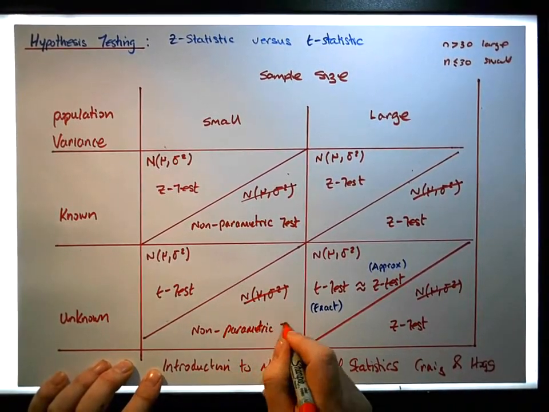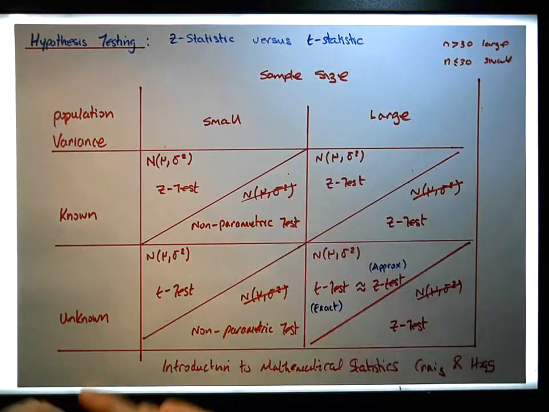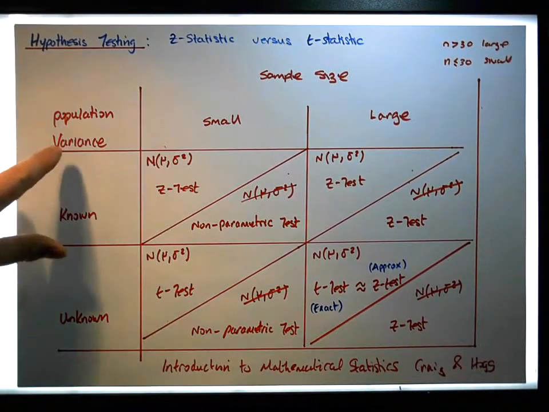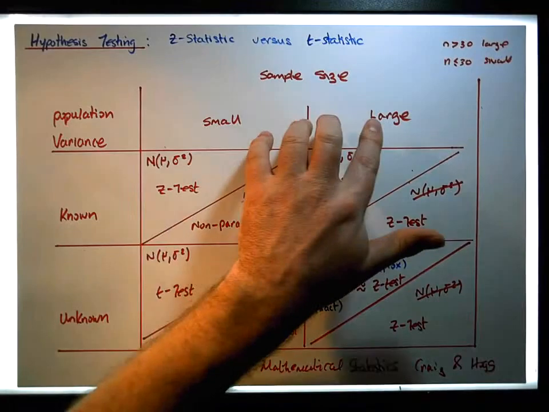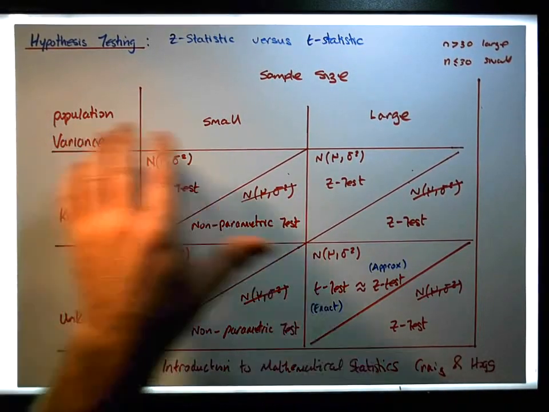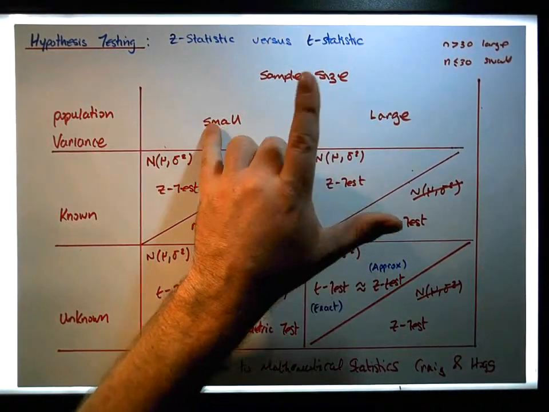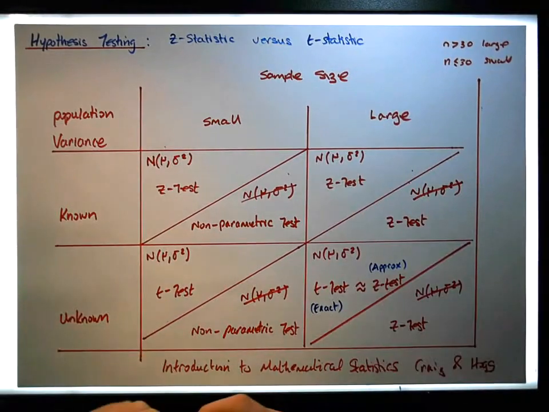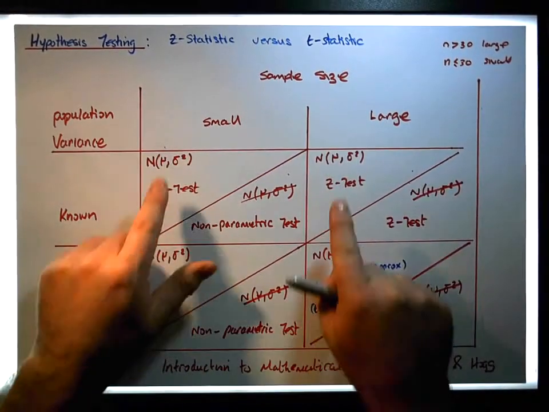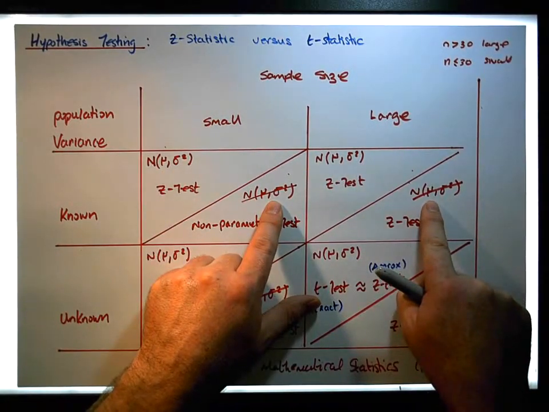Hopefully, with this explanation, you can see that I have 8 cases. The reason I have 8 cases is because I have 3 dichotomous variables: whether the population variance is known or unknown, whether the sample size is small or large, and whether the samples have been drawn from normally distributed populations or there's no evidence to suggest that they have.